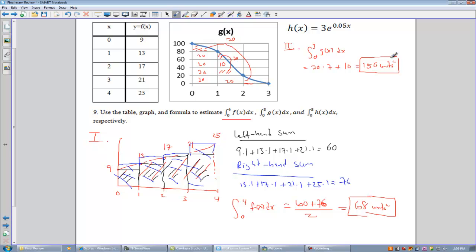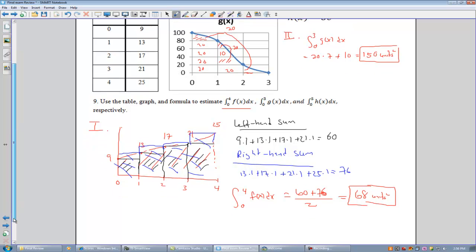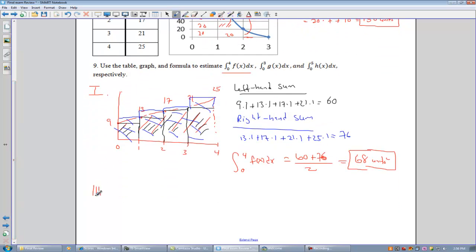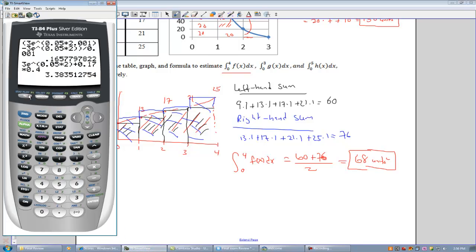For number 3, since I have a calculator, I would just use my calculator. So on number 3, I would take my calculator and plug in my function, because I want to use the formula. So I have 3 second ln, so e to the 0.05x.